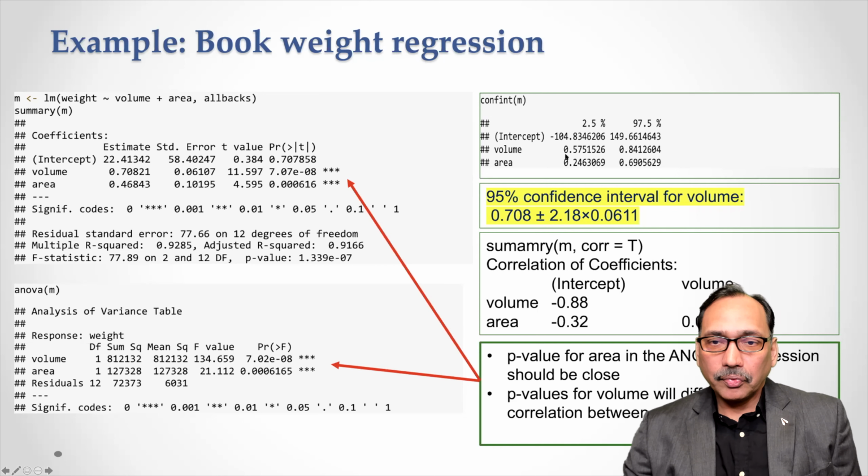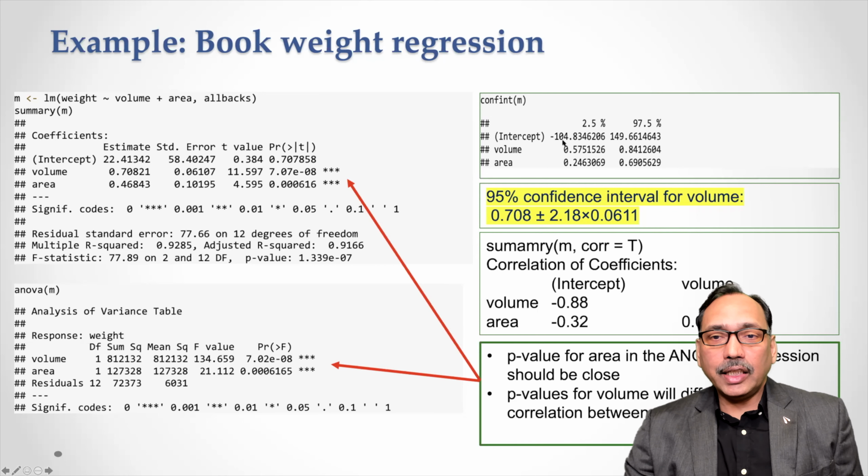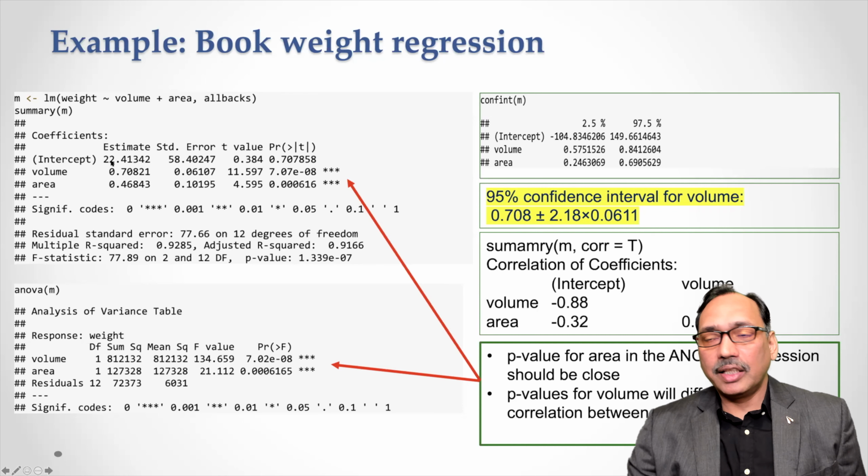So this one, negative 104 to positive 149. That's the confidence interval for the intercept. It's very wide. And for volume, it is between 0.575 and 0.84. So the standard error you can see is quite small, 0.06. So the variability is also quite contained.